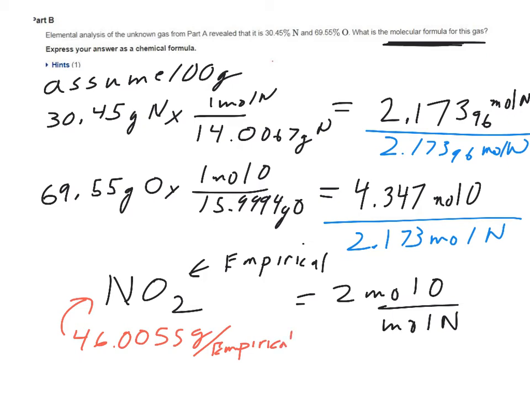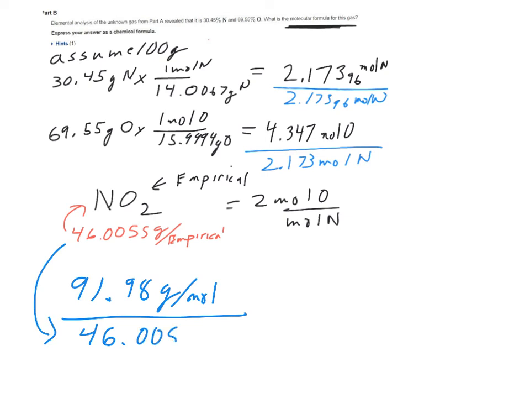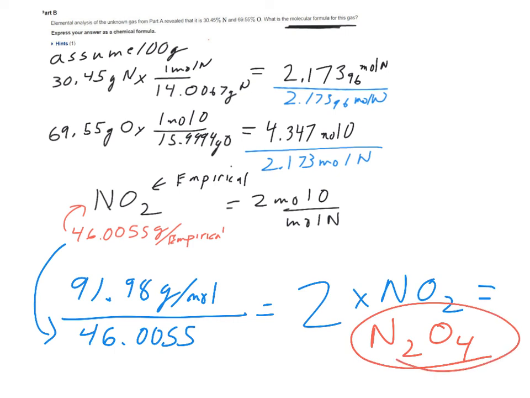Then from the last part of the question, we know that there's a molar mass of 91.98 grams per mole. We divide it by our empirical formula mass, and that gives us 2, I believe, and it does. So that's our multiplier. So our molecular formula is N2O4, dinitrogen tetroxide.